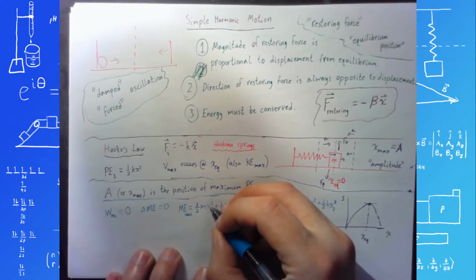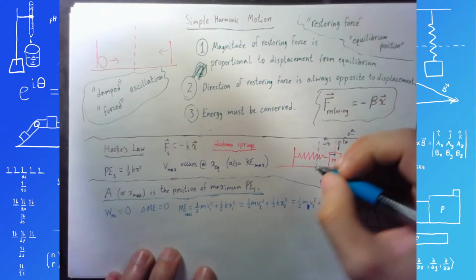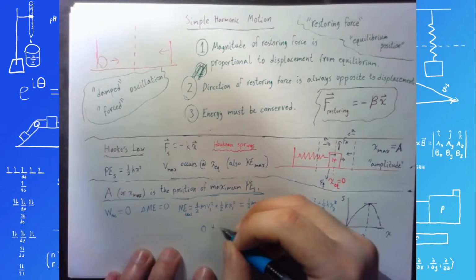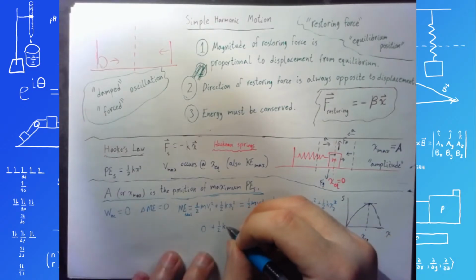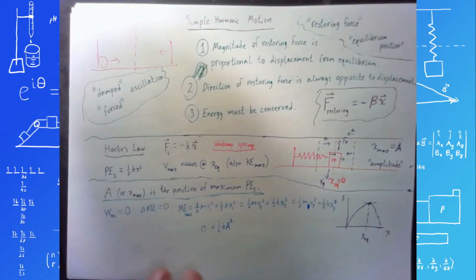So that would mean then that you would set the speed to 0. So when the speed is 0, that is where you get the maximum potential energy, which is going to be equal to 1/2 Ka squared.